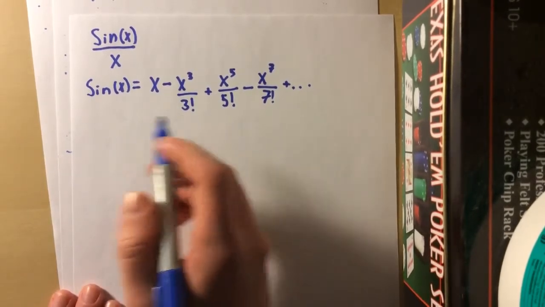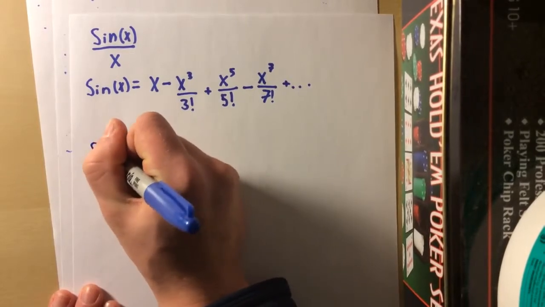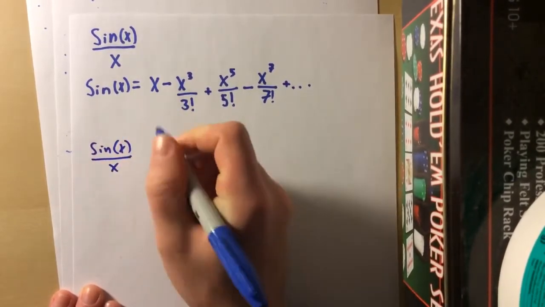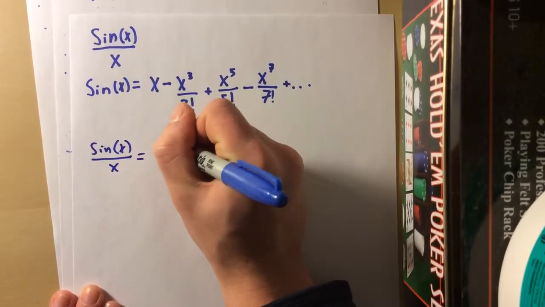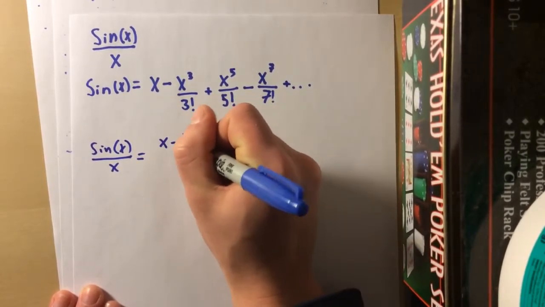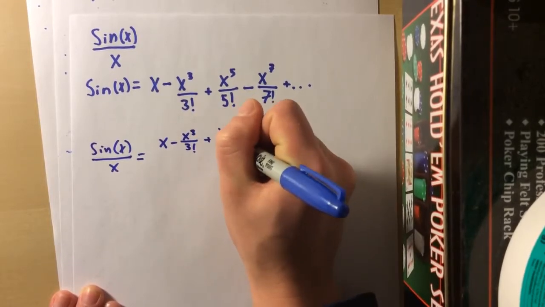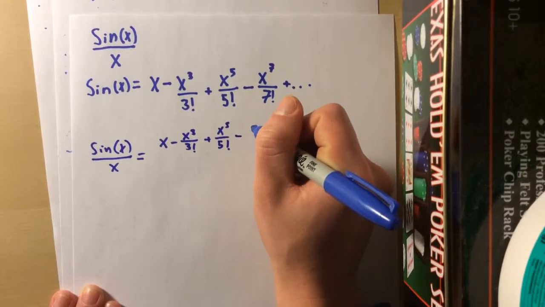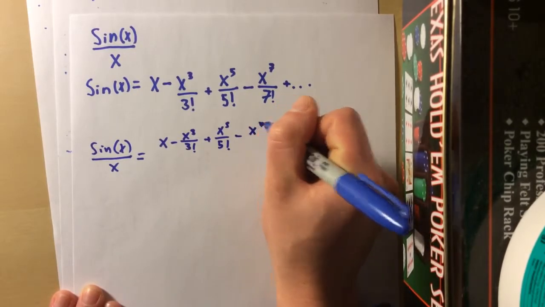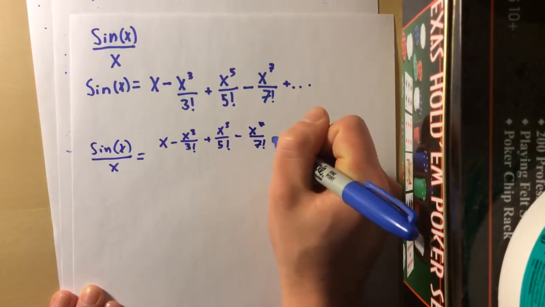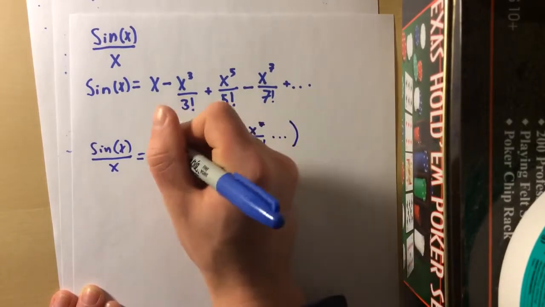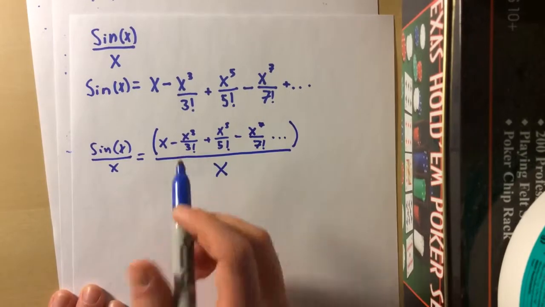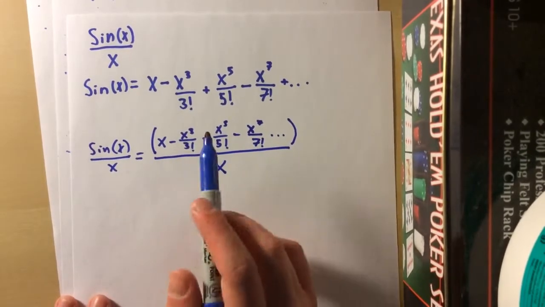So now that we have this, we can write sine of x over x as just this polynomial and divide everything by that x. Dot, dot, dot. And all that's going to do is reduce the power of these x's by 1.